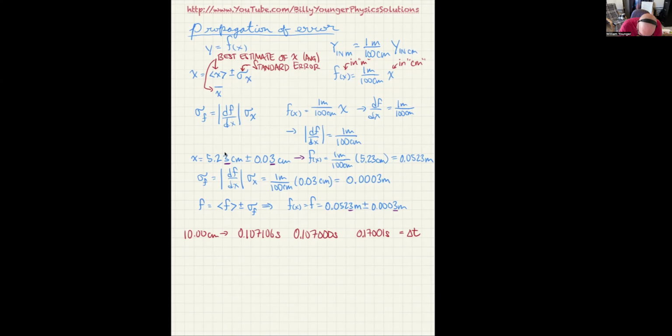And what we're going to see is delta T is equal to some best estimate, which we can see is 0.107106 plus 0.107000 plus 0.17001. That gives me 0.38416. So 384,116, excuse me.